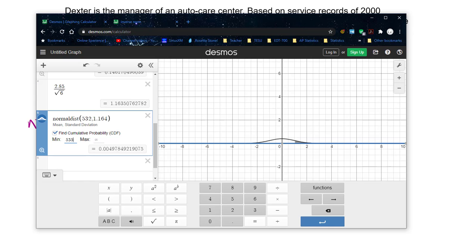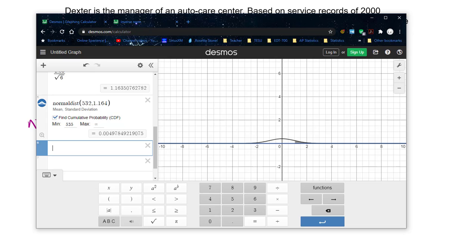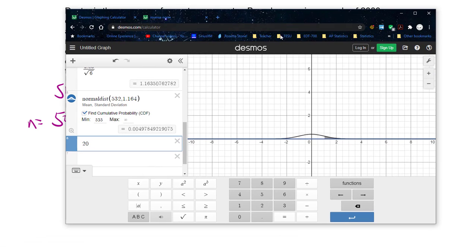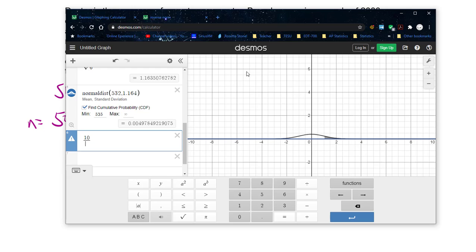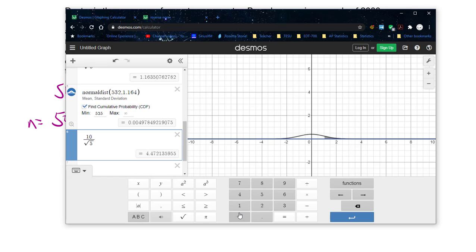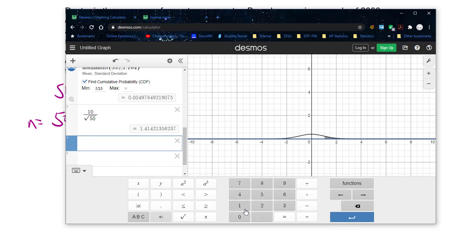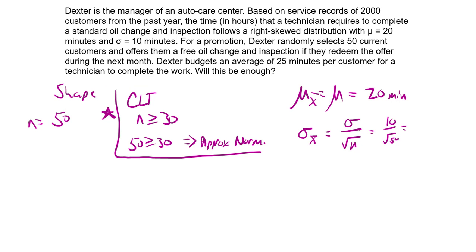No, 10, I'm sorry, I was thinking of the mean. 10 divided by the square root of 50 should give us 1.414. And that is our standard deviation.